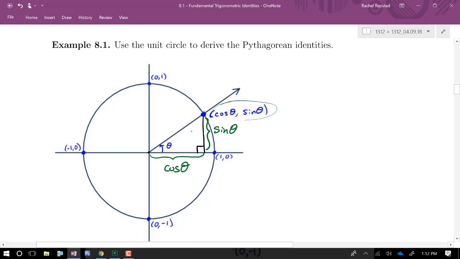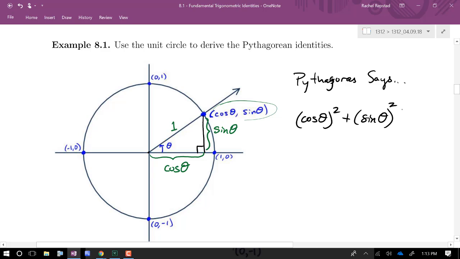And what is the length of the hypotenuse? 1, because it's a unit circle, right? The radius is 1. And so using the Pythagorean theorem, right, Pythagoras tells us that cosine theta squared plus sine theta squared is equal to 1 squared.